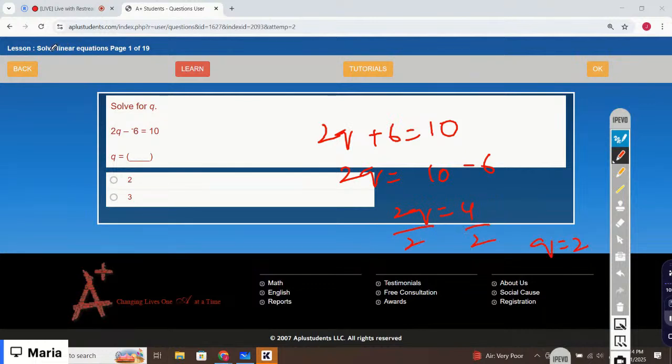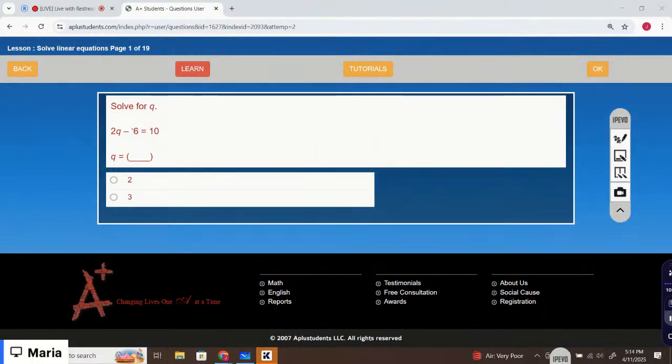Option number 2 is the correct option. Option number 1 is the correct option. Option number 1 is the correct option.